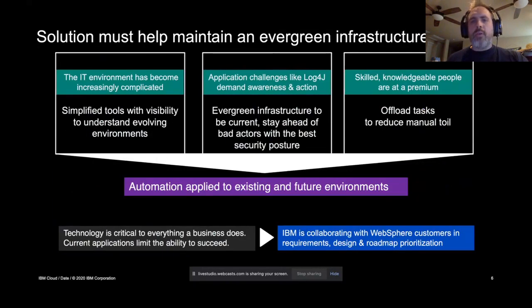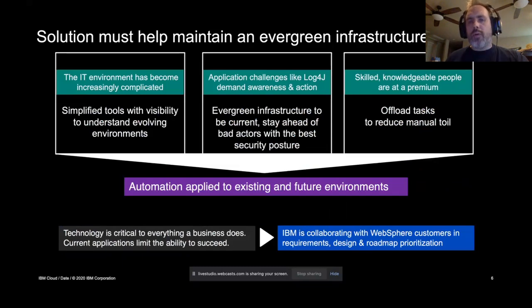And through those same customer conversations, we really identified three aspects of a solution that would be critical for us. Number one is simplification of the tooling. Make it easy to have visibility to the environment, make it very easy to understand what the exposures are, make it easy to understand what actions need to be taken.